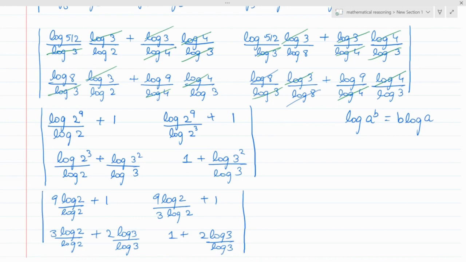So again you can cancel terms over here: log 2, log 2, log 2, log 2, log 3 and log 2. So the final answer is 9 plus 1, 10.